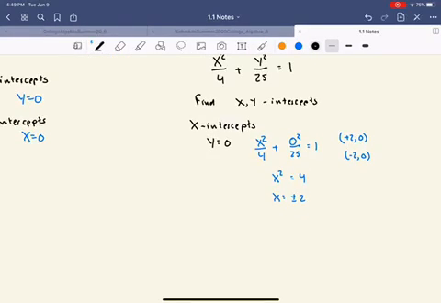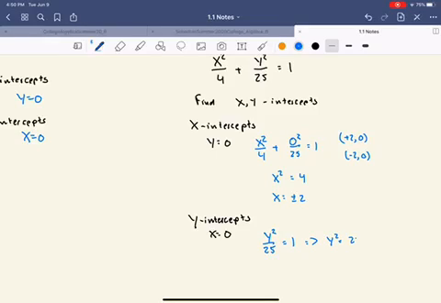Okay. The y-intercepts are given by x equals 0. Okay, so now that simplifies to y squared over 25 equals 1.